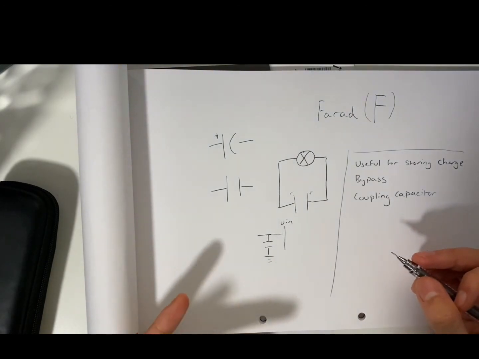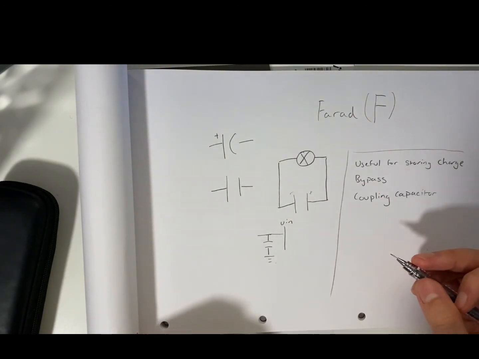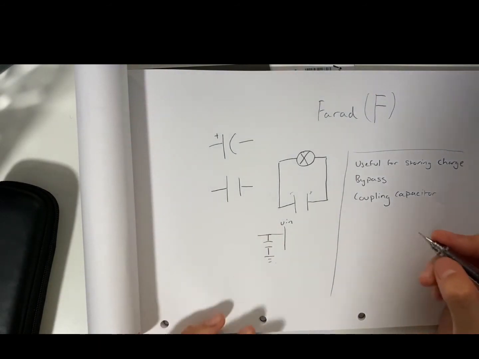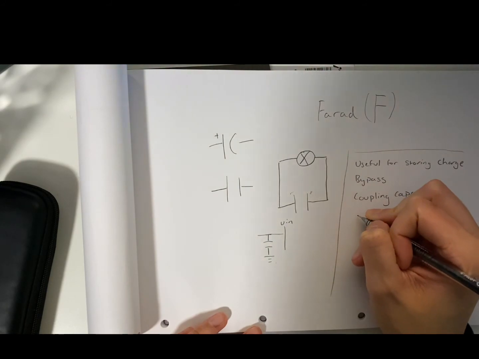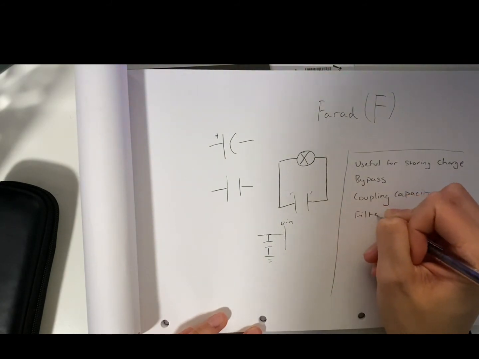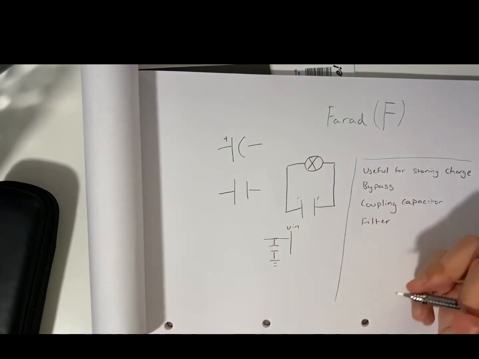And these capacitors can also be used to make filters to pass and block certain frequencies depending on design requirements. So very useful in filter design, which is a whole other thing.